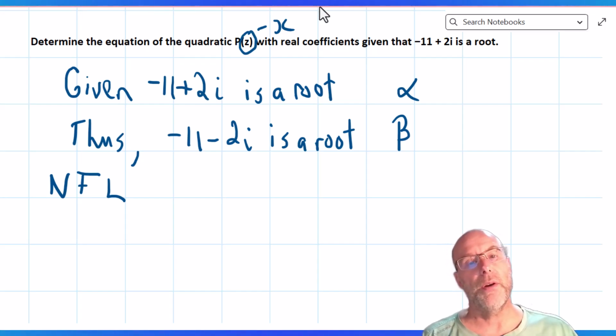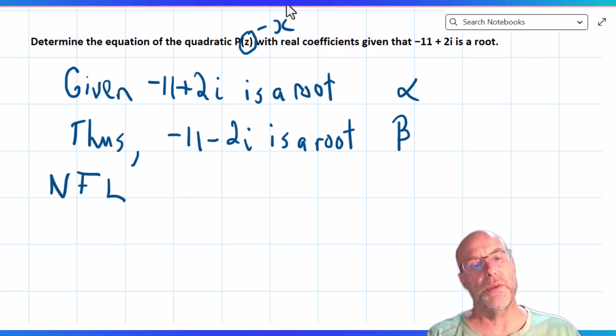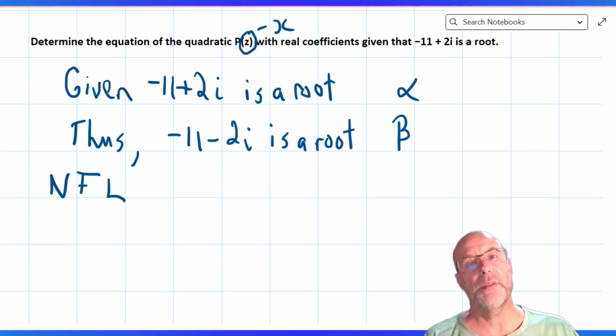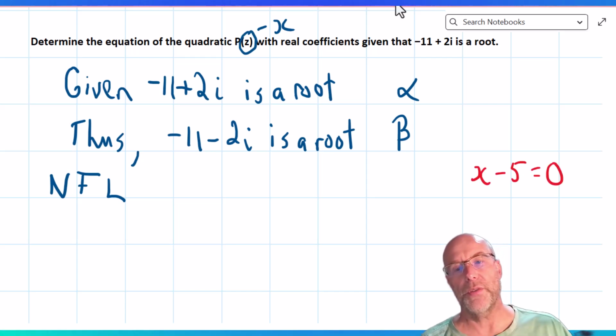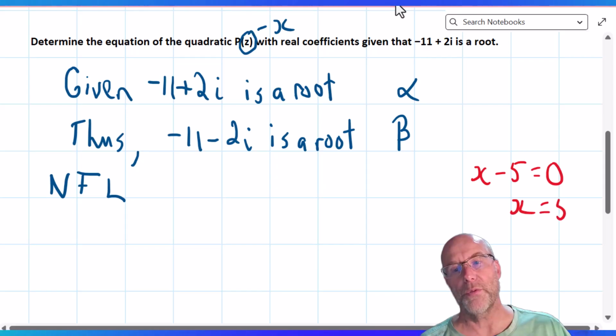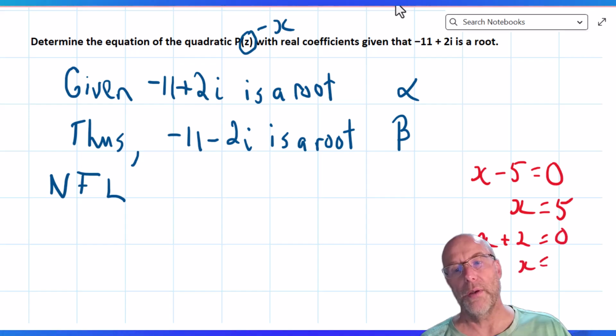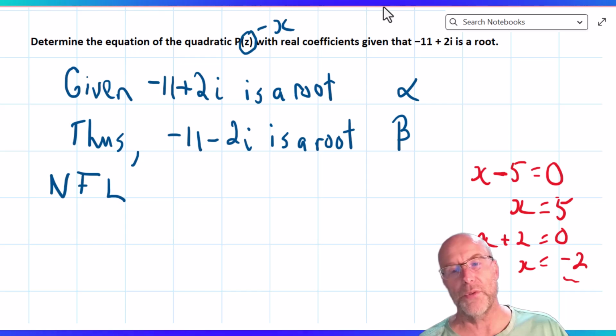You might remember when we break down each of the factors and they're equal to 0, you would get, as an example, x minus 5 equals 0, so therefore one of the roots would be 5. If you had x plus 2 equals 0, one of the solutions would be x equals negative 2. So if it's a positive 5, it's x minus 5. If you have a negative root, it's x minus negative 2, or x plus 2.